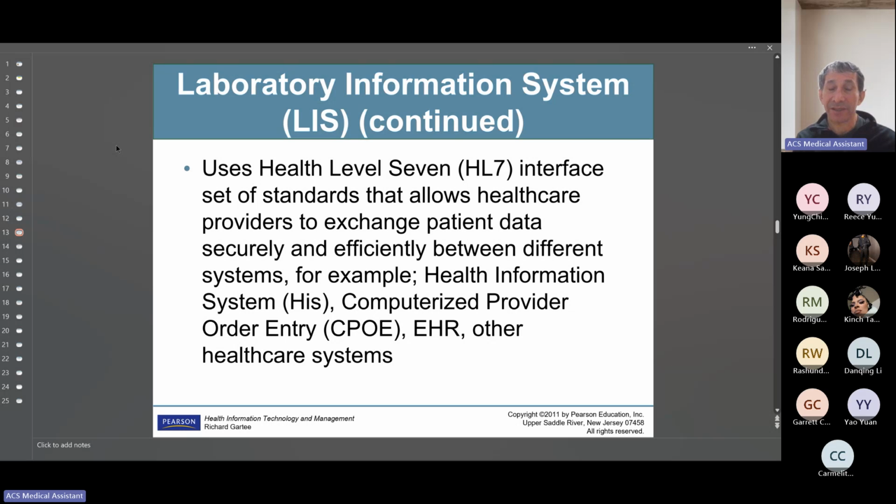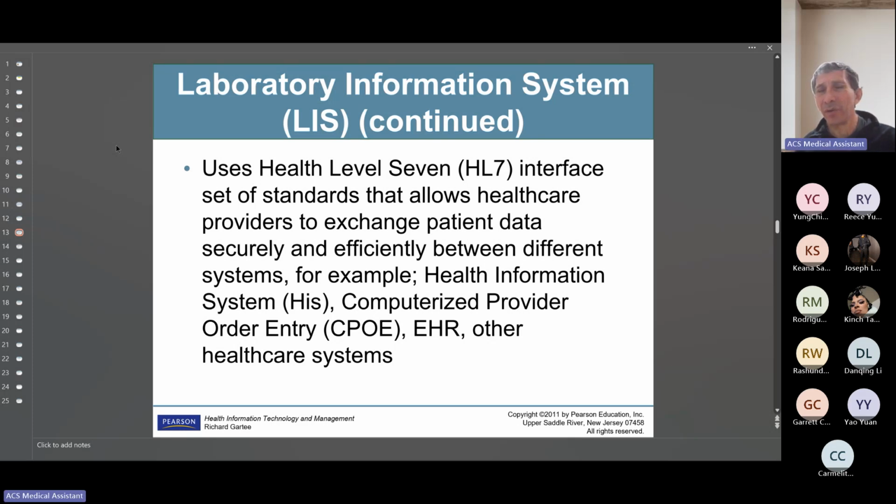This is the part of the system that lets images be sent directly from the X-ray machine, the MRI, the CAT scan, or the sonogram, converted and sent as a digital image to the medical provider who ordered them, directly into the patient's medical record. That's basically what it is.